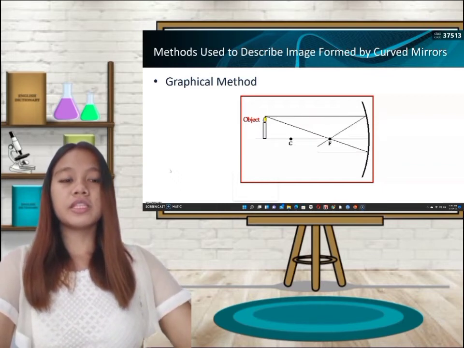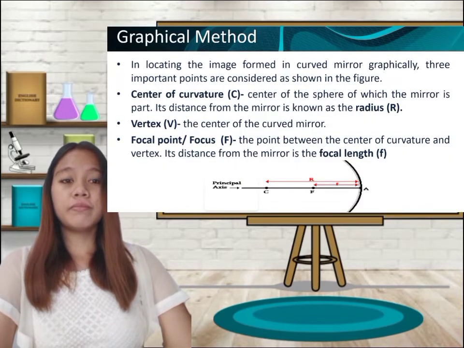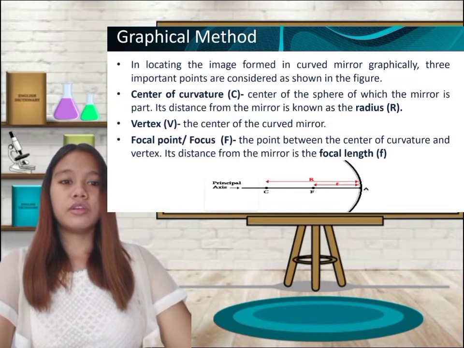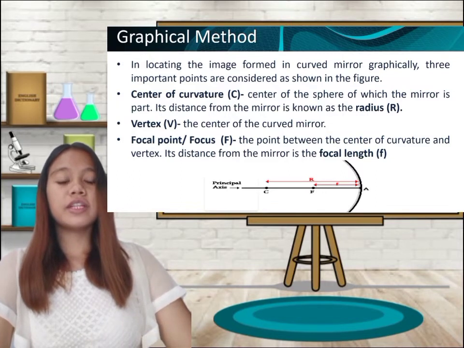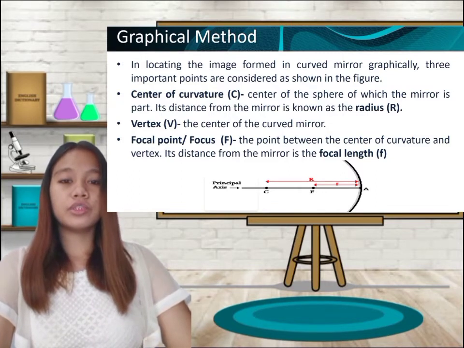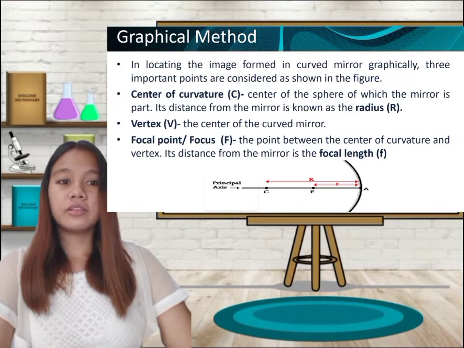In the graphical method, there are three important points that are considered as shown in the figure. Number one is the center of curvature, which is denoted by capital C, the center of the sphere of which the mirror is part. Its distance from the mirror is known as the radius.